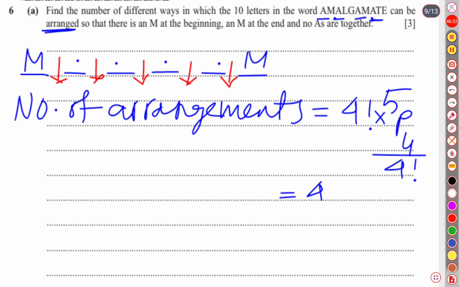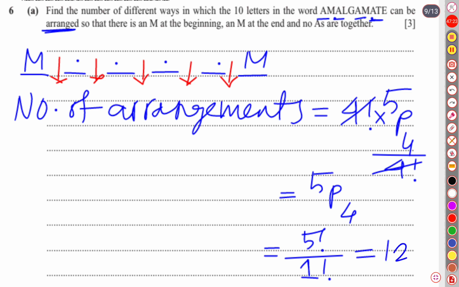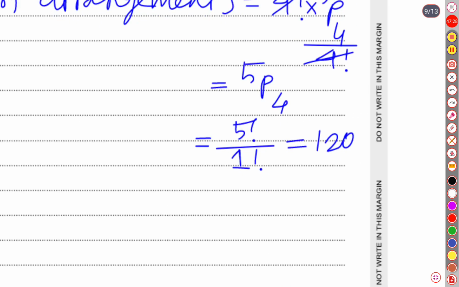Now, 4 factorial into 5P4 over 4 factorial: this 4 factorial and that 4 factorial cancel each other. So if they go away, there will remain only 5P4. If we simplify, it is 5 factorial over 5 minus 4, that is 1 factorial. 5 factorial means 120, and if we divide by 1, it is 120. So the number of arrangements with this restriction is 120.